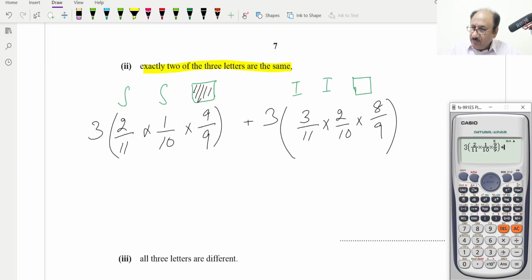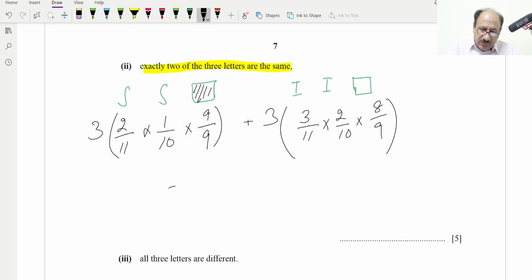This is done, then plus 3 into 3 over 11, and this will be multiplied by 2 over 10, and this will be multiplied by 8 over 9. Hopefully I've written everything in calculator properly. So 1 over 5 will be our answer for this one. So we can write 1 over 5 over here at the proper location.